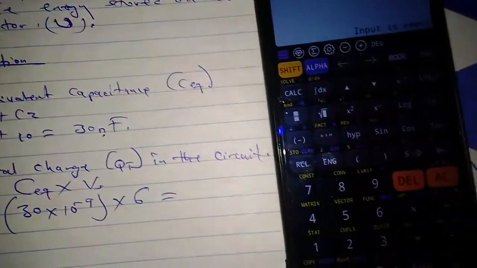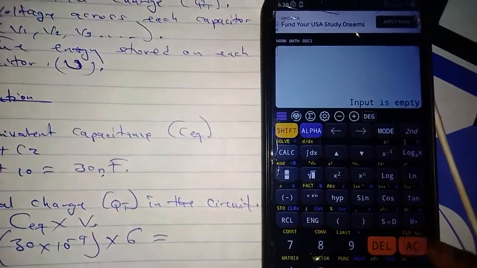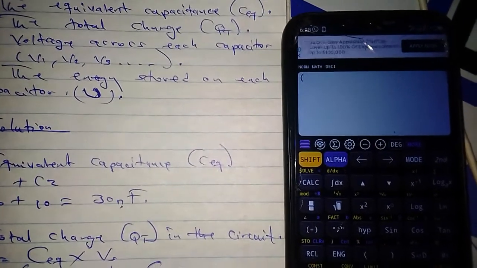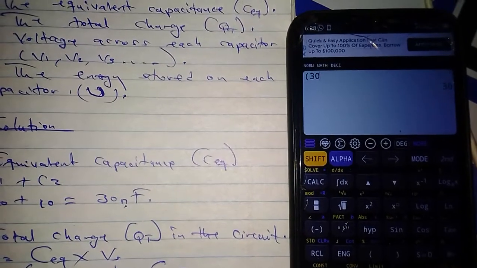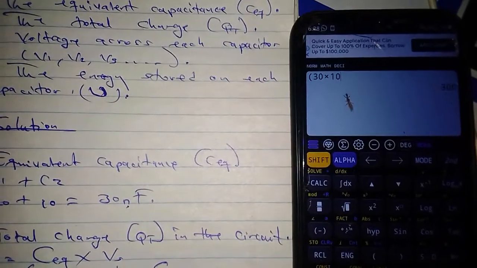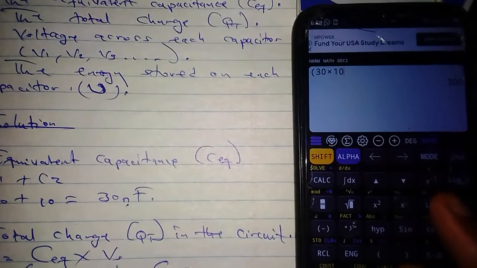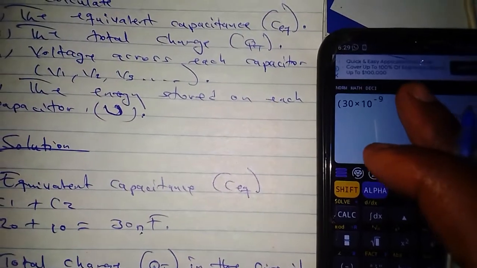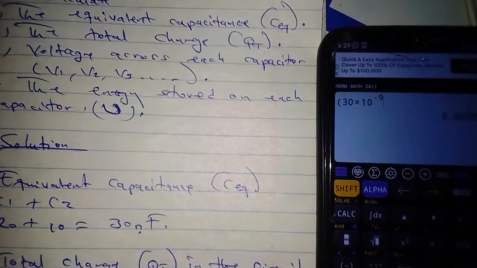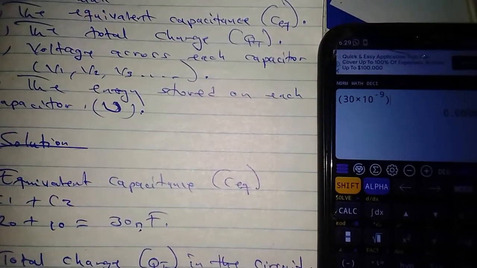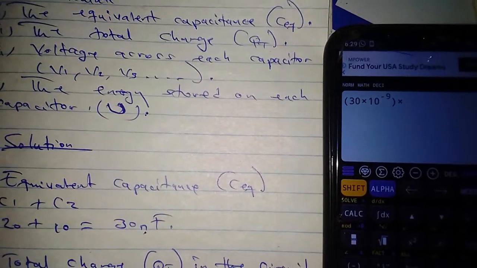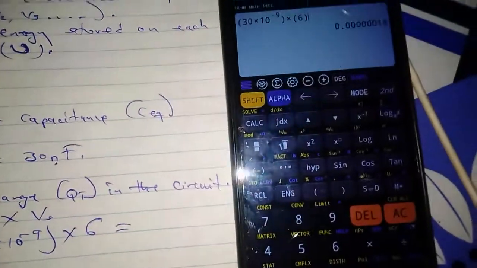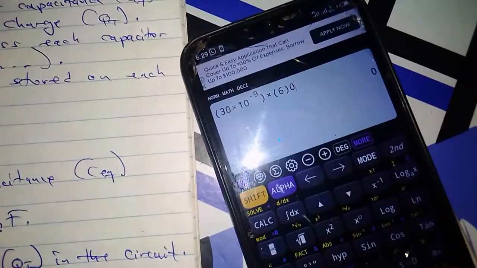So we'll put our calculations here. We have bracket open 30 times 10 raised to the power minus 9, bracket close, times 6.